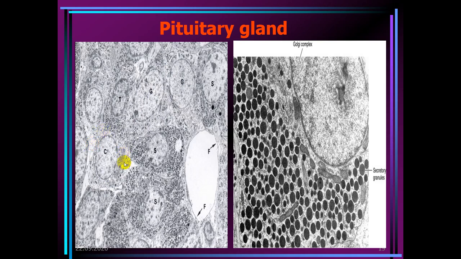And we can be sure that it is gonadotrophs because in the cytoplasm of these cells we can find only few granules which are smaller than in the acidophils. We can see the section of the capillary, fenestrated capillary, between the epithelial cords.